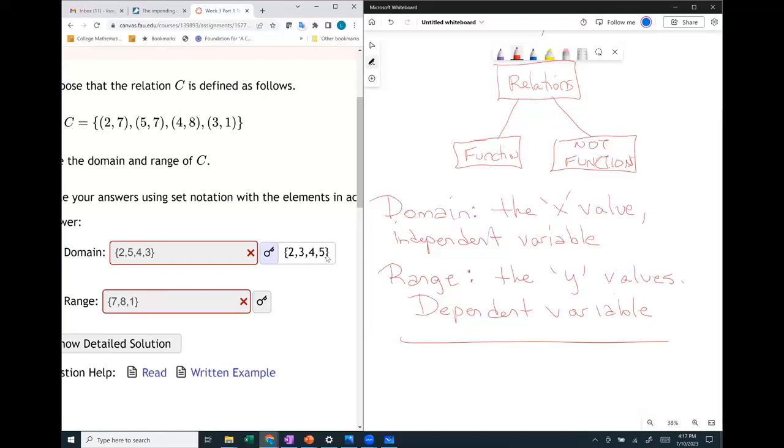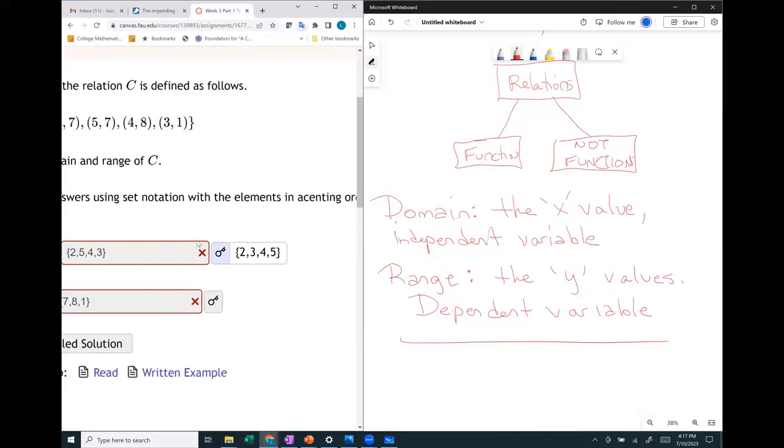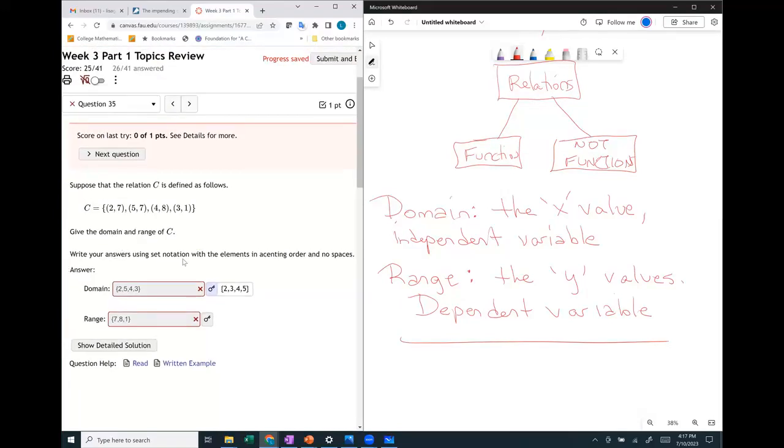Oh, they do want it in order. By the way, it doesn't have to be in order, but for this software, it says, that's my fault, write your answer using set notation with the elements in ascending order and no spaces. So it was just my mistake. You do not have to put them in order.